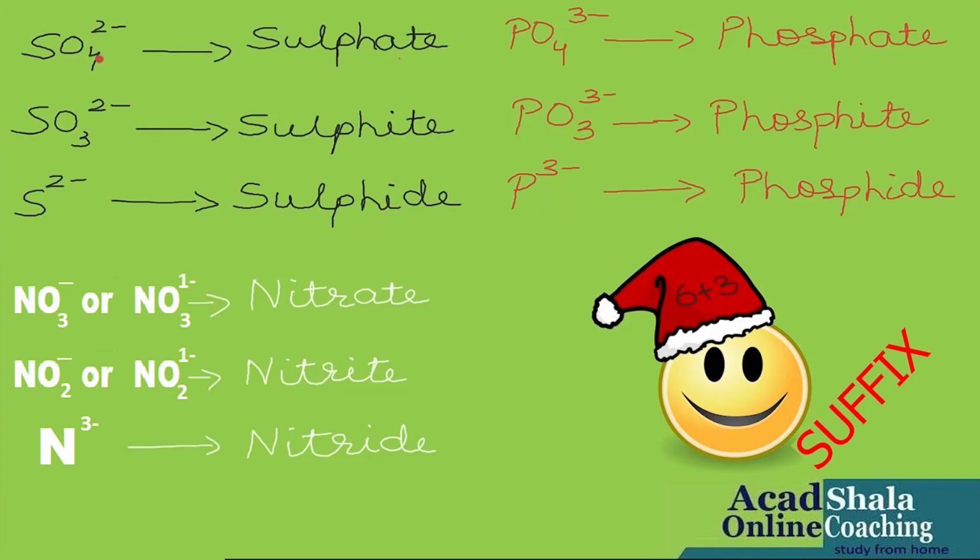Sulfate, SO4 2-, sulfite, SO3 2-, sulfide, S2-, phosphate, PO4 3-, phosphite, PO3 3-, phosphide, P3-, nitrate, NO3-, nitrite, NO2-, nitride, N3-. So students, today we have learnt 6 polyatomic ions and 3 monoatomic ions.